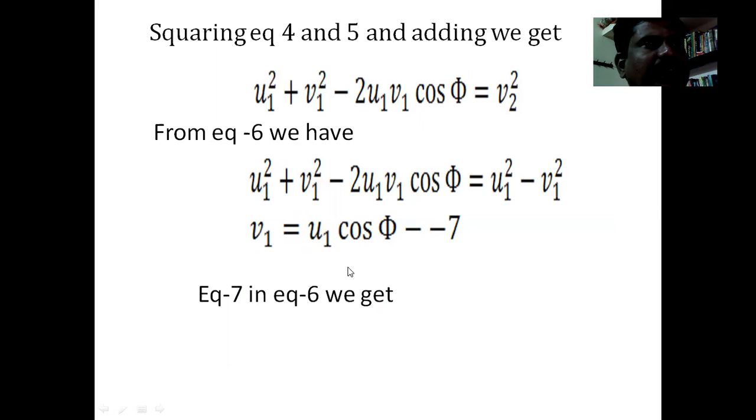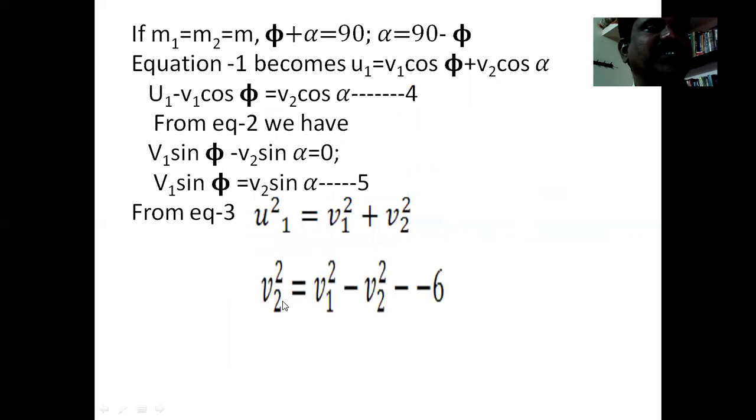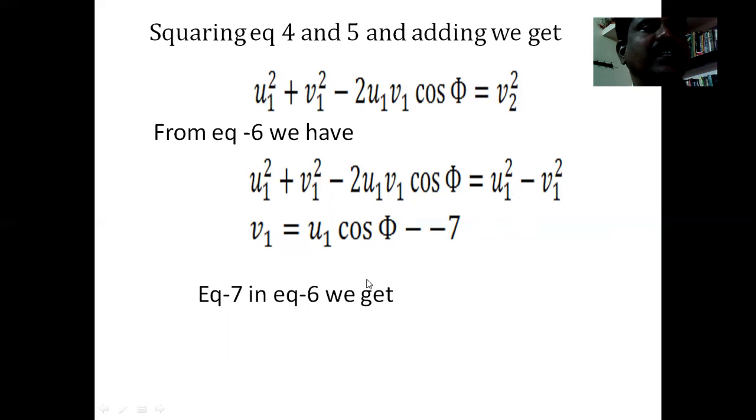When you substitute that, u1 square gets cancelled. The remaining is u1 square plus v1 square minus 2 u1 v1 cos phi equal to the value of v2 square. Here I have corrected it, but in the previous case it was a mistake. Okay, so it is right here.